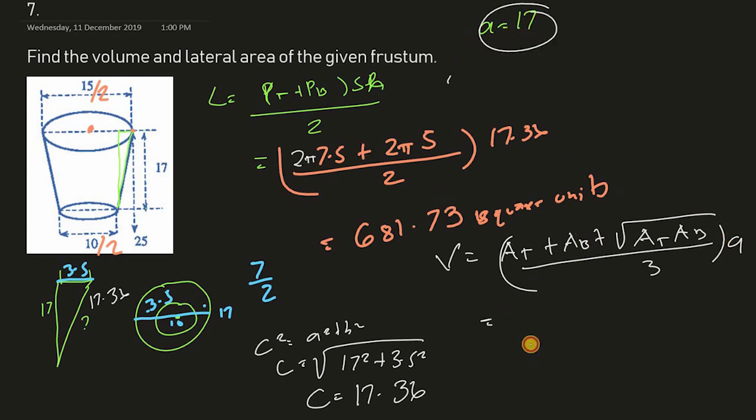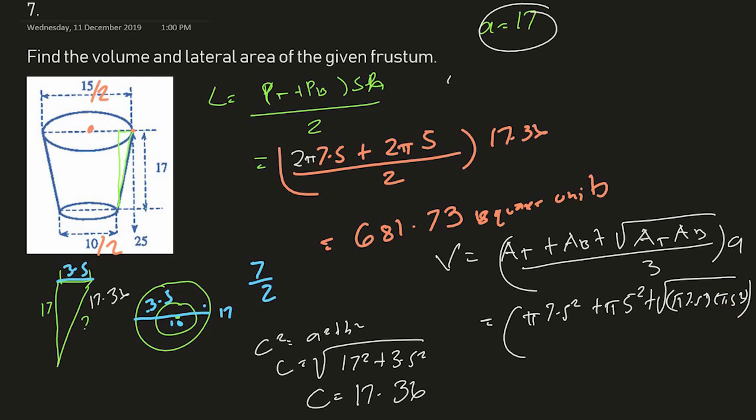Alright? So substitution, area of top is pi r squared. So that's pi times r natin na una is 7.5 squared plus pi times yung area pangalawa ng radius is pi r squared kasi yan plus square root of pi 7.5 squared times pi 5 squared.